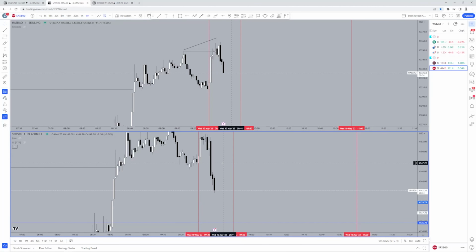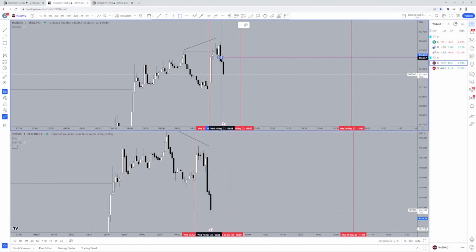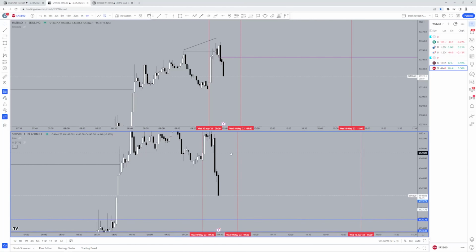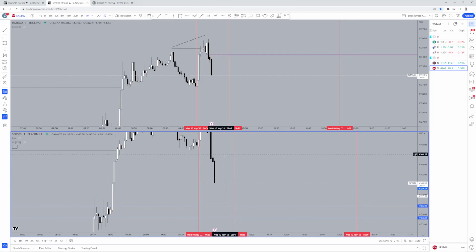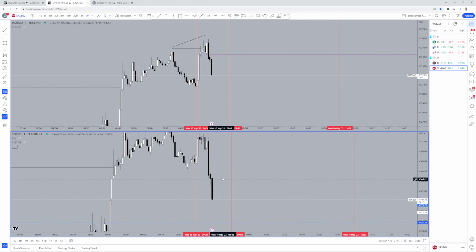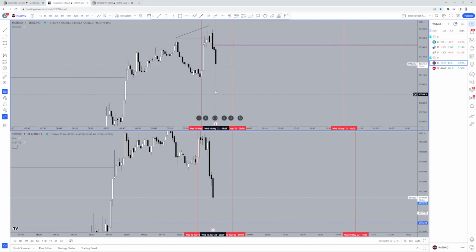Here we get a break towards the downside. This is a trade that I might take if price retraces back here. I don't see it happening though. It doesn't matter.